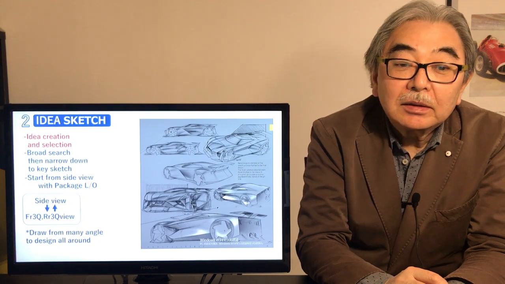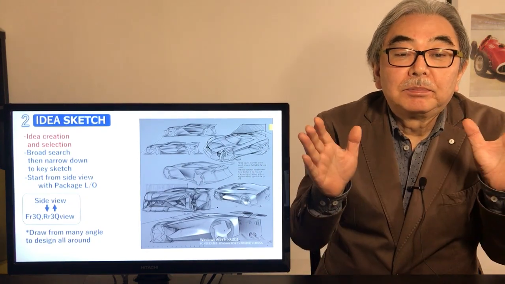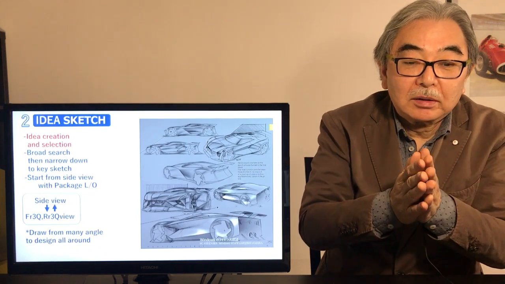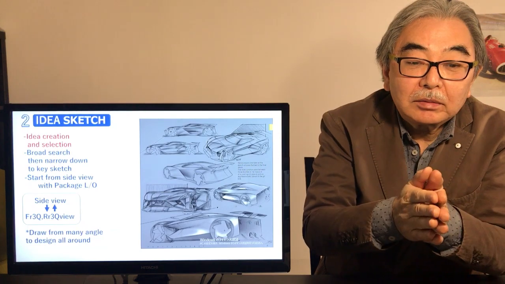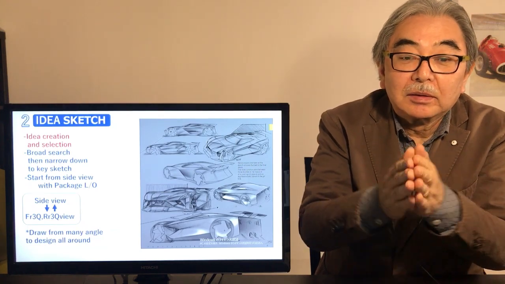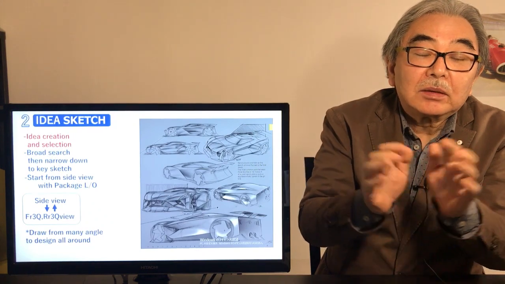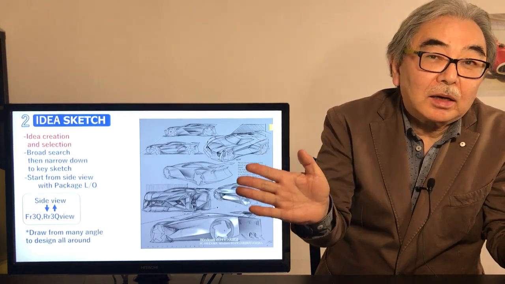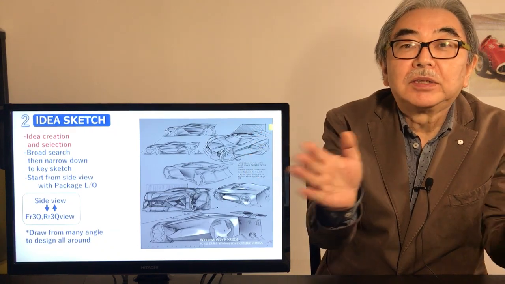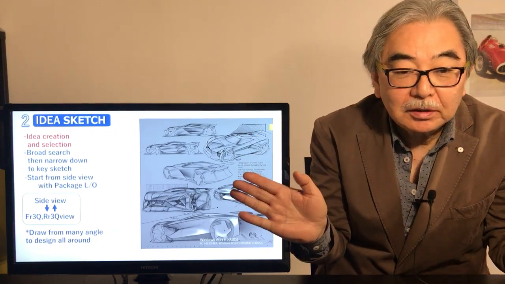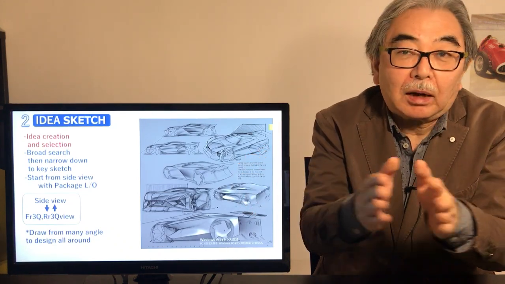In the beginning, idea sketch is supposed to be a broad search, then narrow down to a key sketch. The broad search means that you need to find a wide possibility of shapes and ideas, and finally narrow it down.